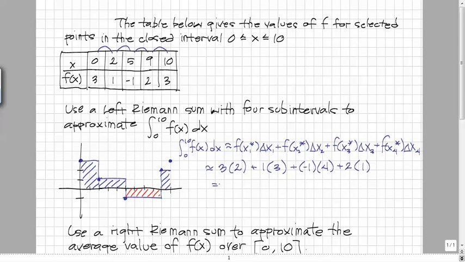And we're just going to simplify this. We have 6 plus 3 minus 4 plus 2 is equal to 7. So the left Riemann sum approximation for the integral from 0 to 10 of f of x dx is 7.